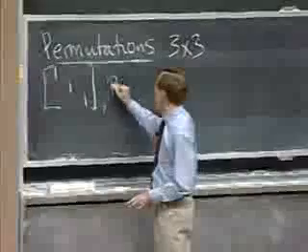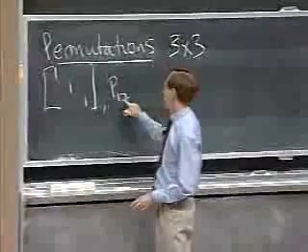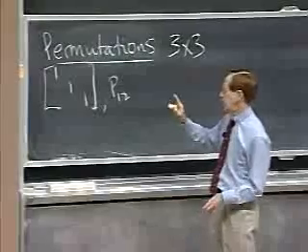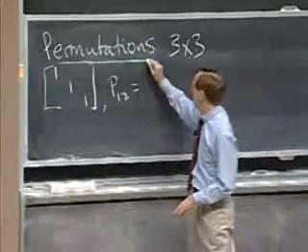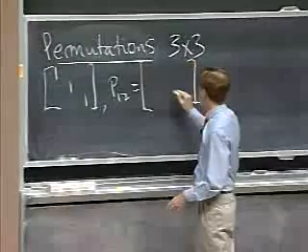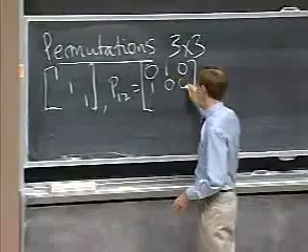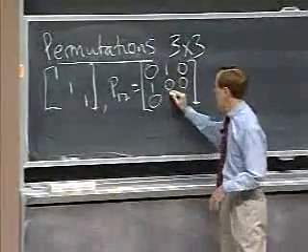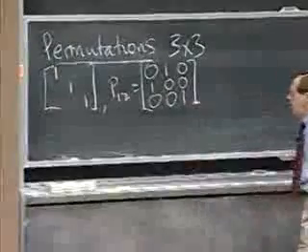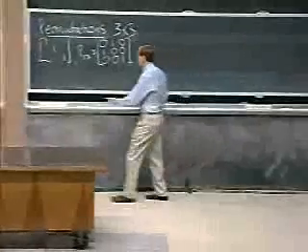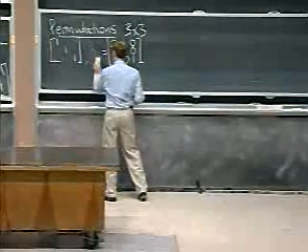What is P1,2? The permutation matrix that exchanges rows 1 and 2 would be 0, 1, 0, 1, 0, 0, right? I just exchanged those rows of the identity, and I've got it.